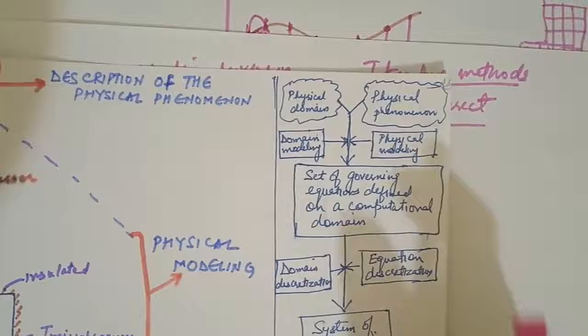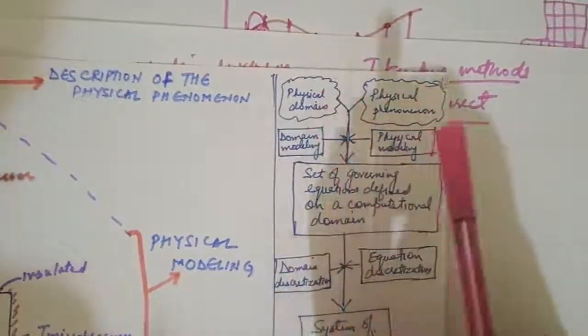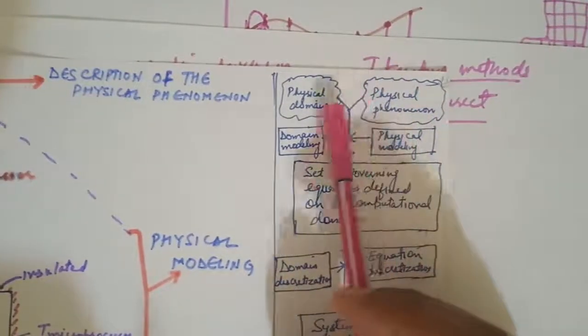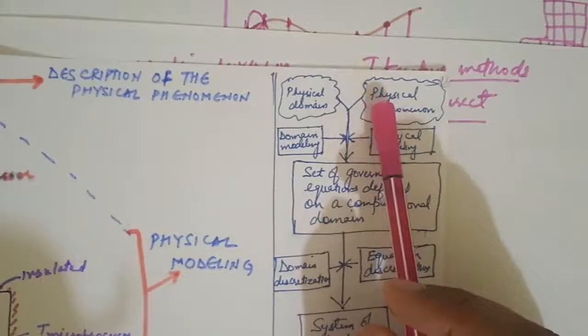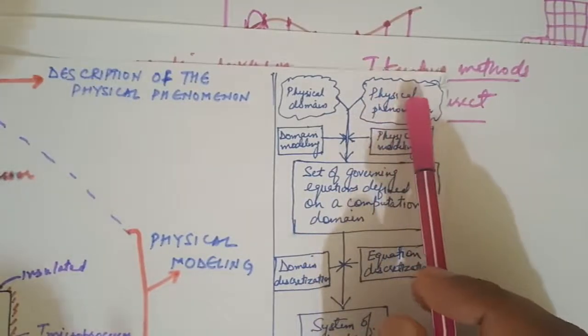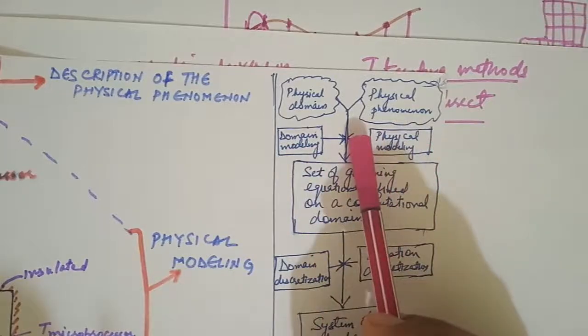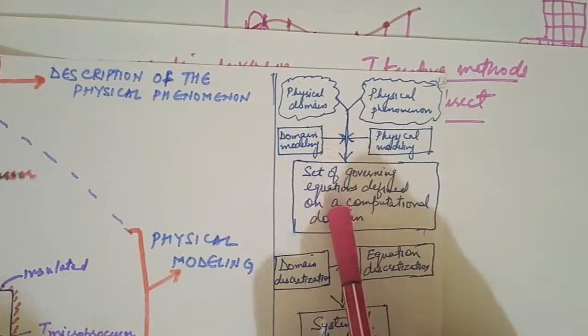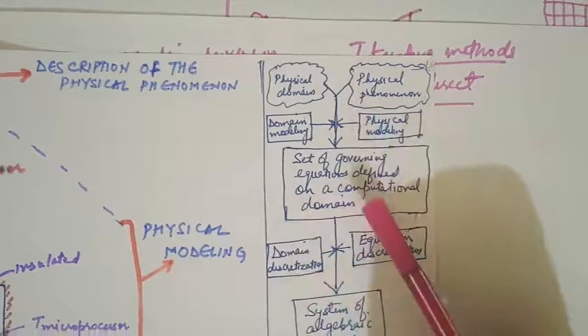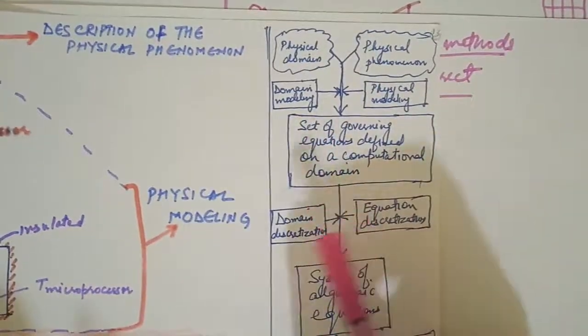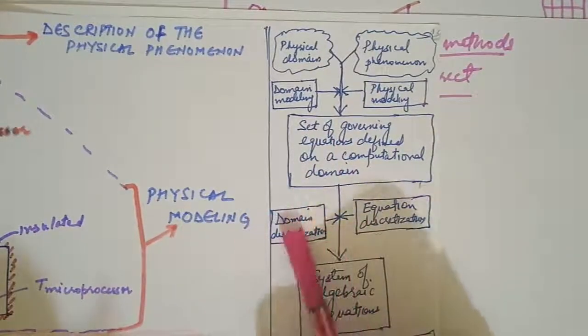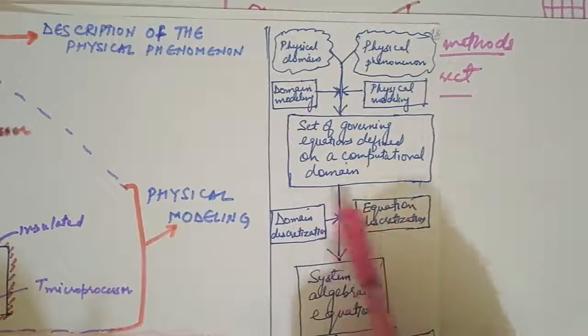So this is a kind of flow chart. Any physical phenomenon will have some physical domain and the physics that is dictated by the phenomenon. Then we will do domain modeling and physical modeling that will result in a set of governing differential equations over the computational domain. Then we will do the domain discretization and equation discretization.